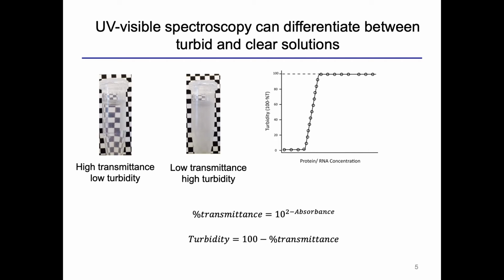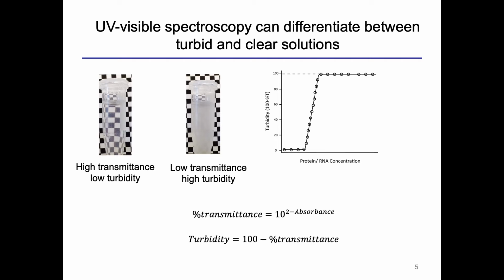Let's say you have these prebiotically relevant molecules. They are negatively and positively charged, and you mix them. What you will observe is either a clear solution, or, here on the right, a turbid solution.